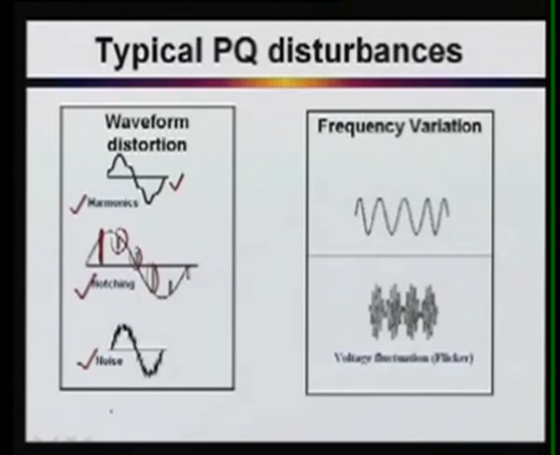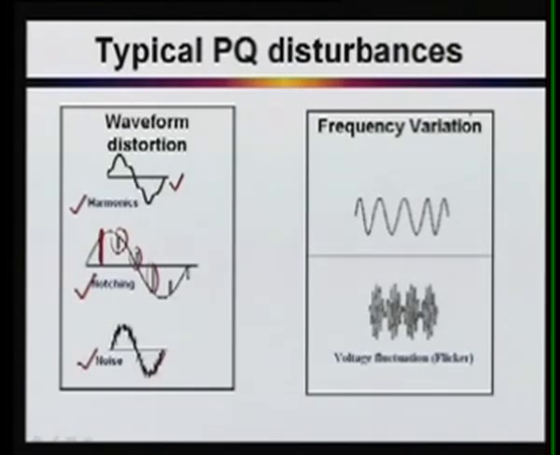Noise may be white noise, meaning the mean will be 0. It is superimposed on your sinusoidal curve, and you can see some noise coming here. We don't want this because these noises create extra losses, and they may also create interference with other neighboring circuits and so on.